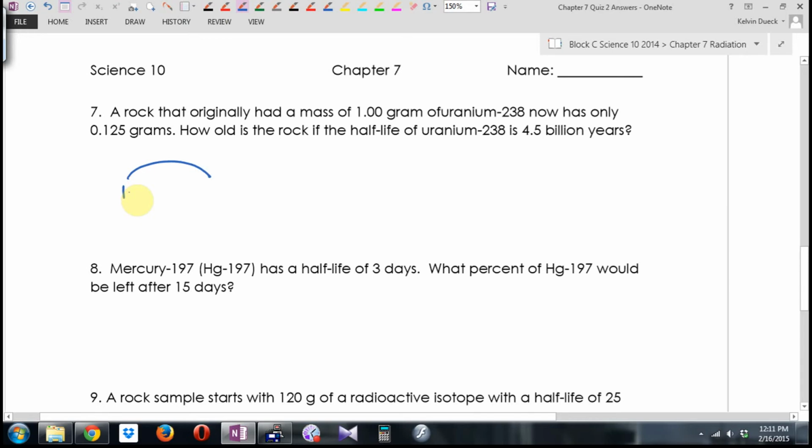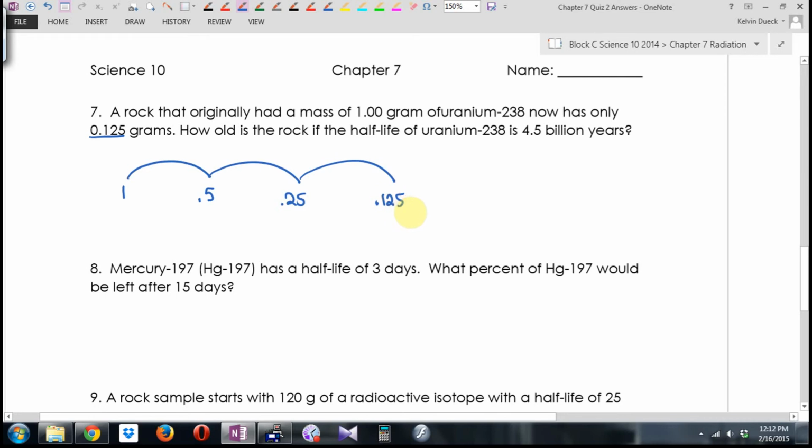After 1 half-life, how much is left? 0.5. I got to stop when I get to 0.125. So, I keep going, Julia. What's the next one going to be? I keep going. There it is.